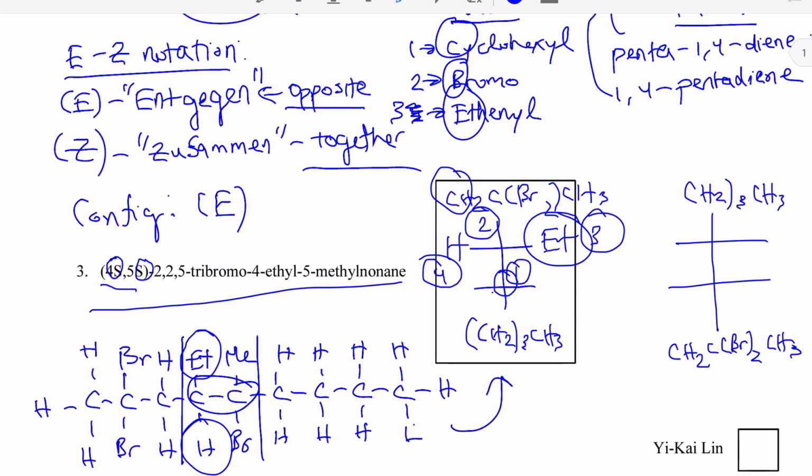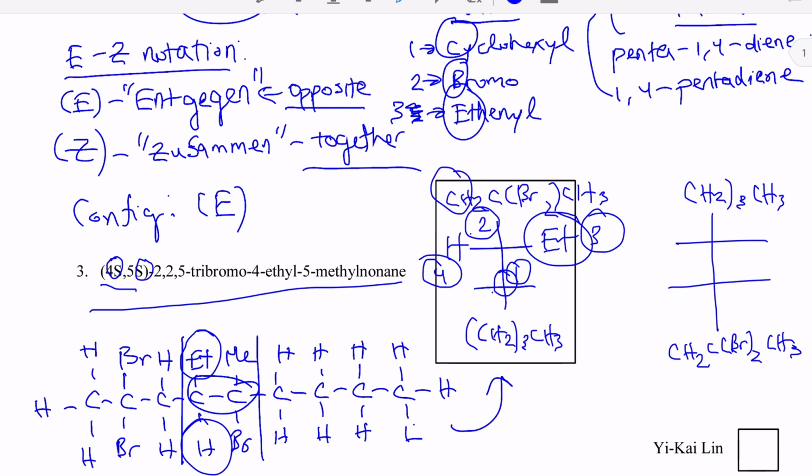Now, in order to find the configuration, we see that in a Fischer projection, these two groups, the ethyl group and the hydrogen, are going out of the page, coming towards us. Like I had mentioned earlier, there are cases where the substituent that's ranked fourth, the lowest priority according to the CIP rules, is coming out of the page.